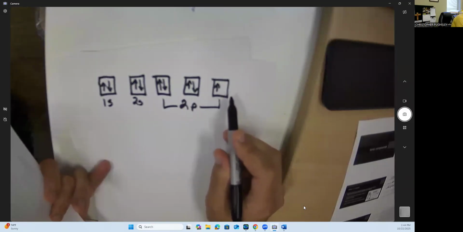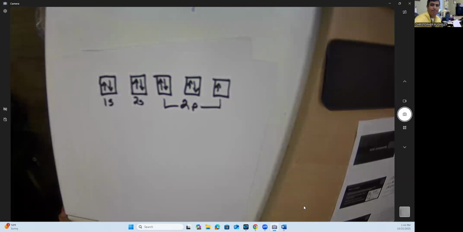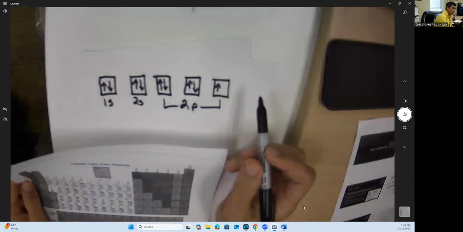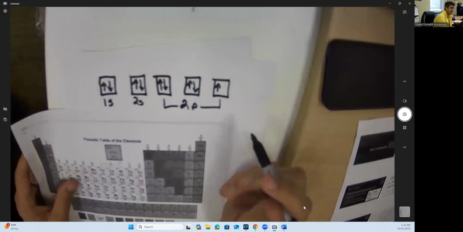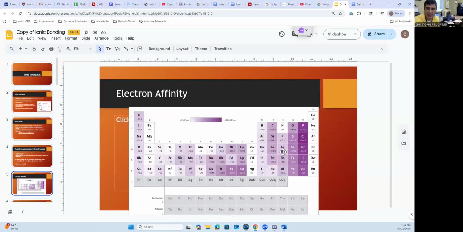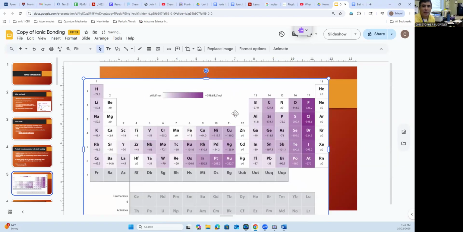These atoms are going to try to get what we call a noble gas electron configuration. They want that last electron, like these noble gases, and that makes them more stable. In fact, this diagram that we're about to see, I'm going to make it a little bit bigger so you can see it nicely.